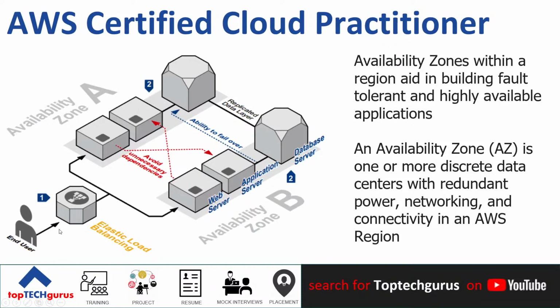So even if your end user tries to get some information, and because this is failing, they can still request again and go through another availability zone. Using elastic load balancing, we'll automatically route to the zone that's not erroring out, and we'll get the result back. So that is the use of the availability zone.